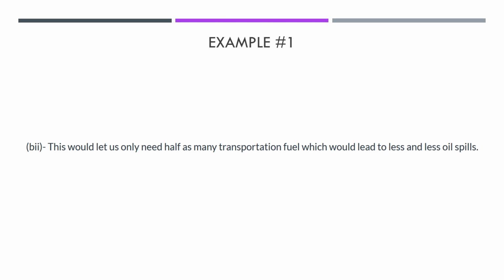So this is the same student that wrote example 1 for the previous part. So B, part 2, this would let us only need half as many transportation fuel, which would lead to less and less oil spills.